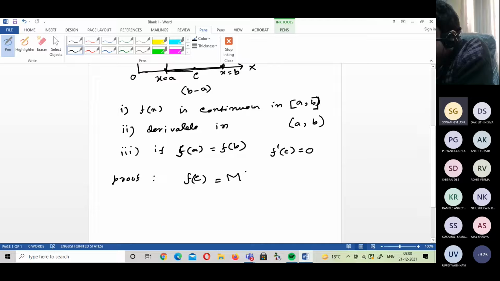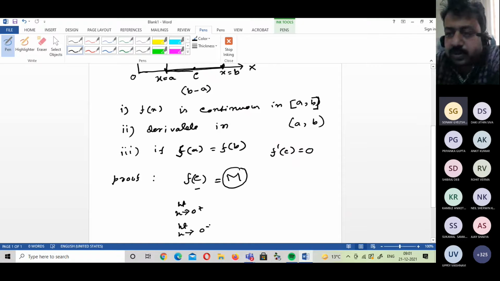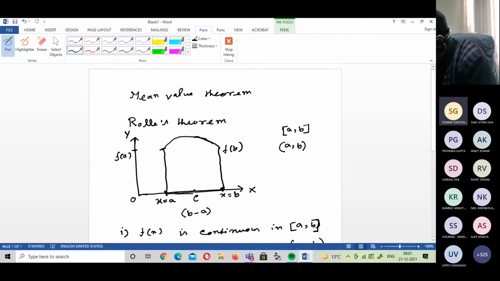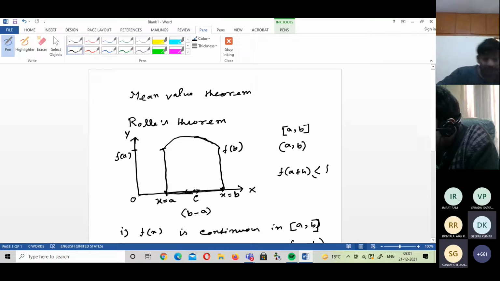If it is constant, then f dash c is 0. If the function attains its maximum value capital M at the point c, then if you take limit h tends to 0 plus or limit h tends to 0 minus, going to the left-hand side or right-hand side, in both cases f of c plus h is less than or equal to f of c.